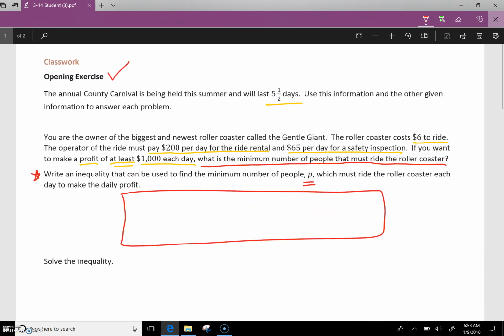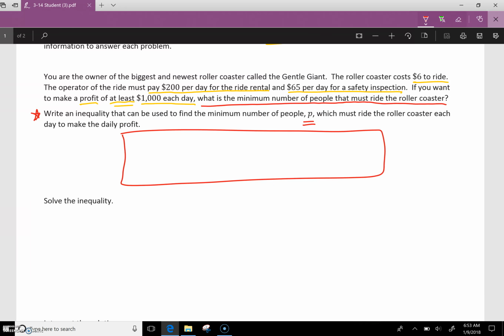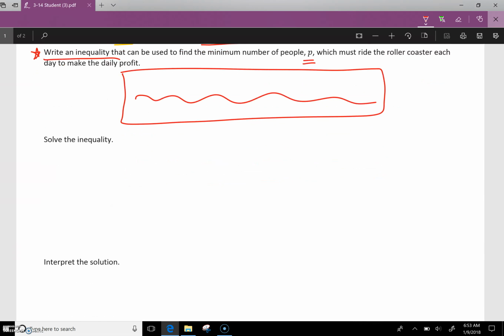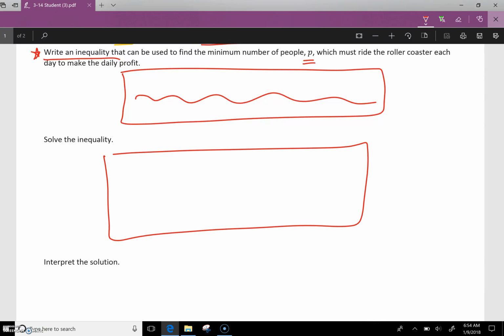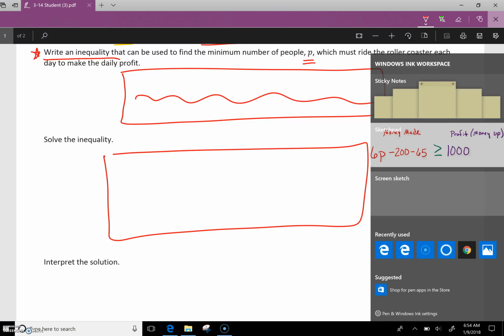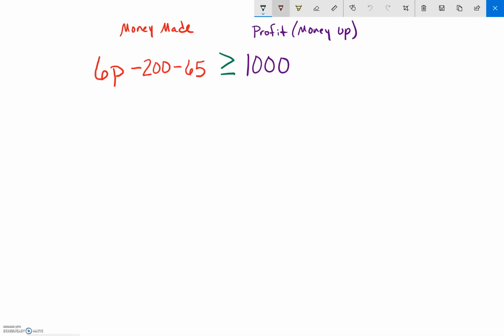So now we have done our job. When they told us to write an inequality, we did that. You have yours written right here. Mine's on a separate slide. Next it says to solve that inequality. So you guys are going to show your work here. I'm going to show it on the other slide. You solve an inequality just like you solve an equation.